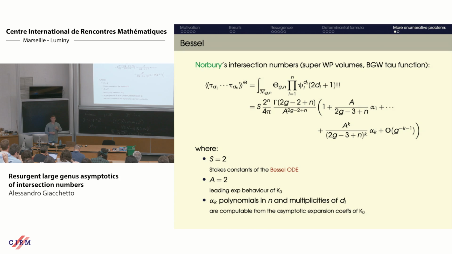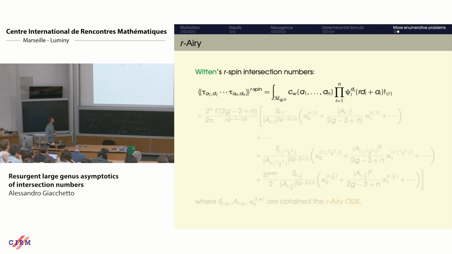And let me conclude with one last problem, which is in some sense way more complicated, but the same strategy applies. So these are called R-spin intersection numbers. And again, the structure is very similar. You have these intersection numbers that are intersections of psi classes with now a class that depends on some parameters.